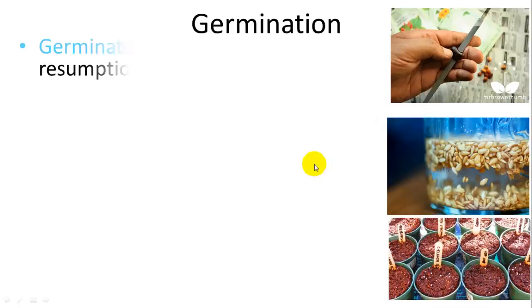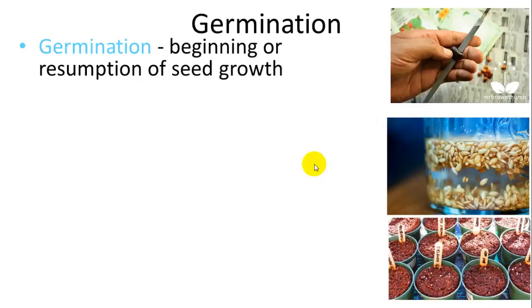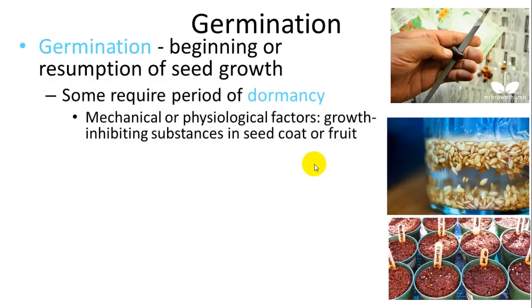Germination, then, is the process of a seed growing into a plant. So it's beginning to use the nutrients in the cotyledon to grow. Some require a period of dormancy, usually in temperate regions, and they usually don't start growing until they have some sort of awakening mechanism.